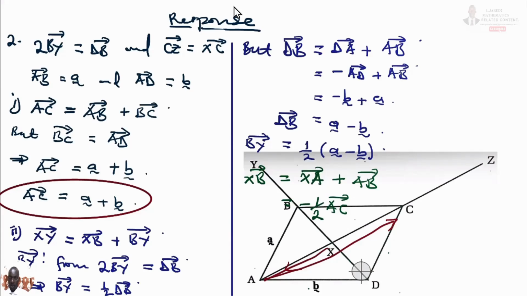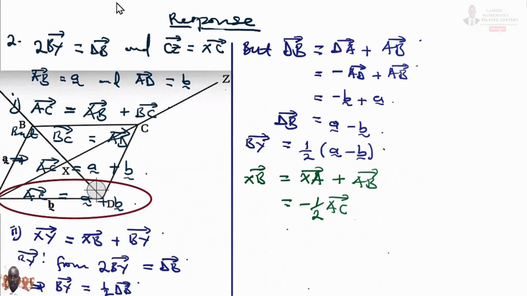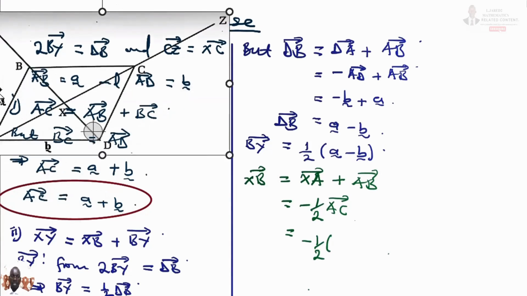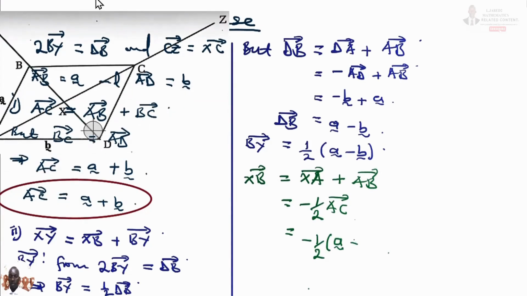So that's why we are having the half vector AC. The negative is coming as a result of the reverse in direction. So as we proceed, this is the same as having the negative half vector AC, which we already got. Vector AC is a plus b.